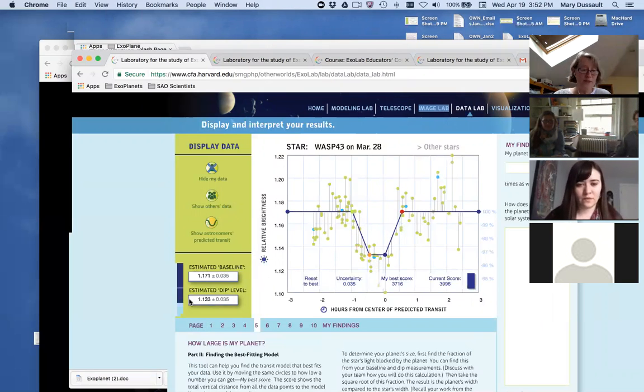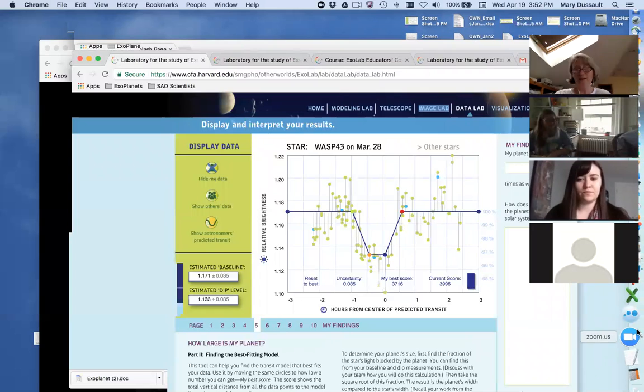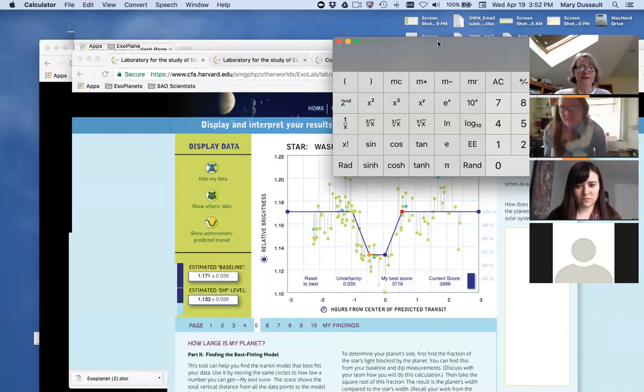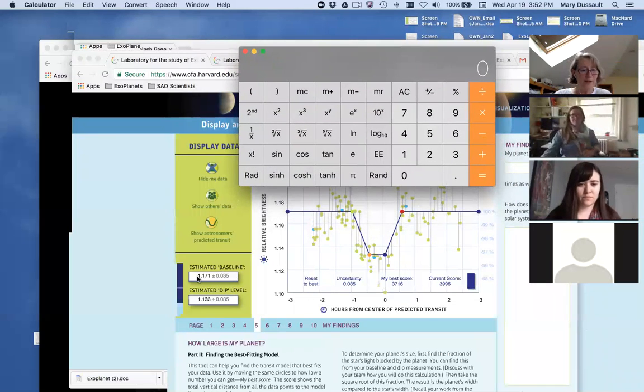And so from these numbers you can actually calculate, going back to the math we did in the modeling lab, the size of WASP-43 from this data. I don't know if any of you have done that, but if we do 1.171 minus 1.133, the difference there is 0.038, but that's not the percent difference.